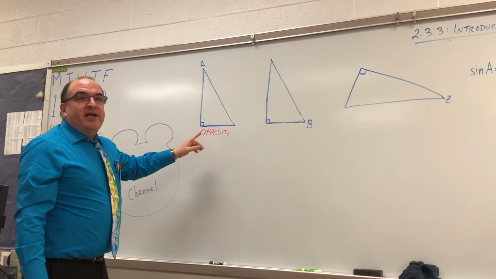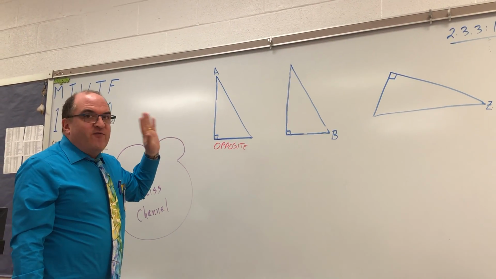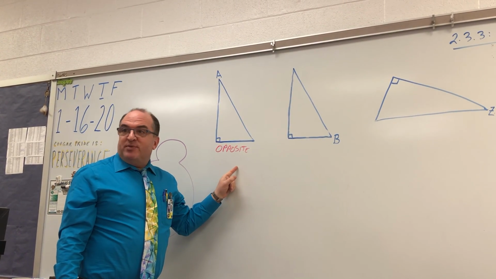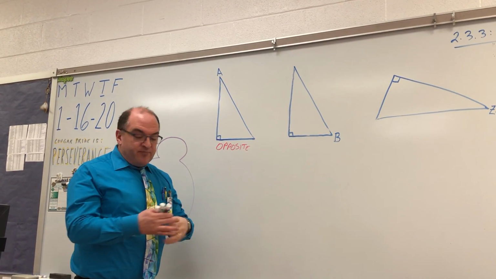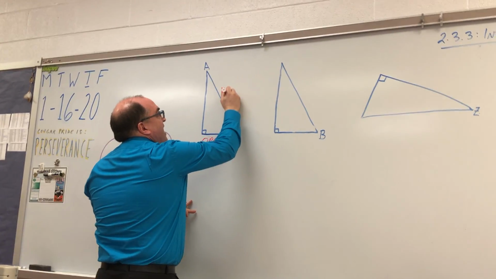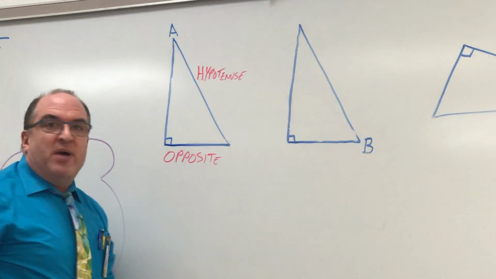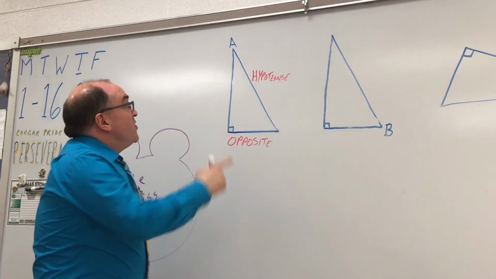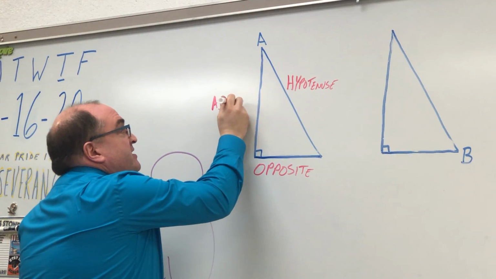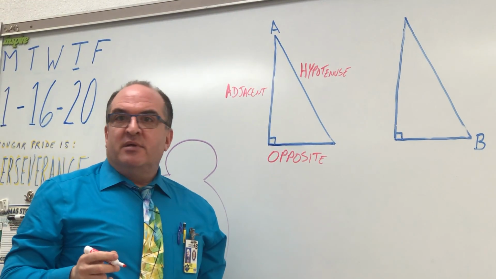So, this concept we're going to use for the next month. I want you to agree that this is opposite angle A. Now, hopefully you already know that this side is the hypotenuse. That's still the hypotenuse. This side here is called the adjacent side. What does the word adjacent mean in English?